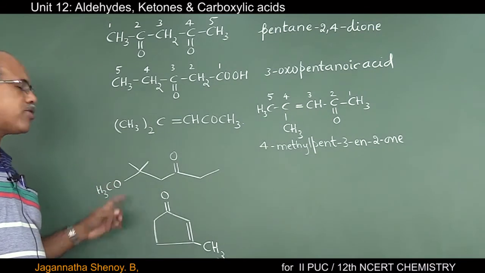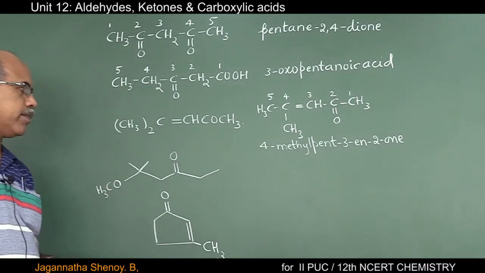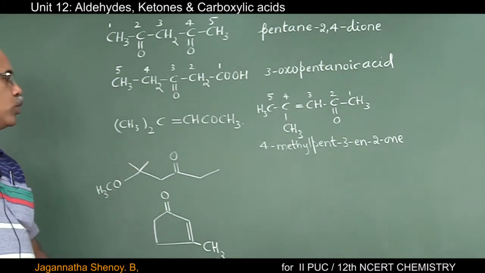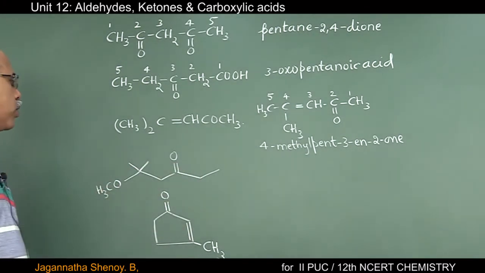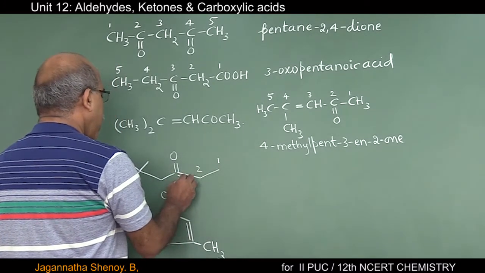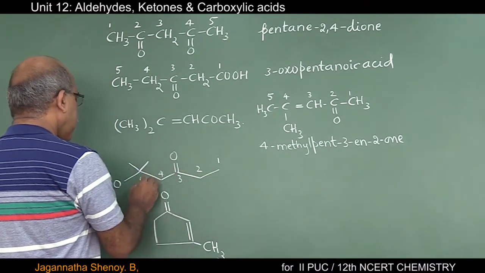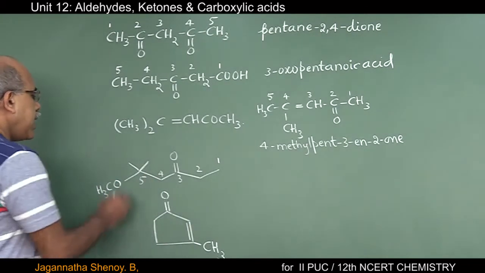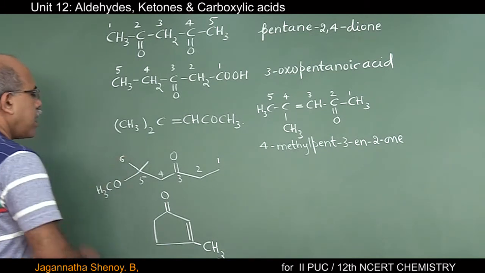It is a CH3O, methoxy group. Then when I want to number this carbon chain, I have to do it from right to left. So this has to be carbon atom number 1, this is the second one, you have third, fourth, fifth carbon atom. Right? Then this is going to be the 6th carbon atom.